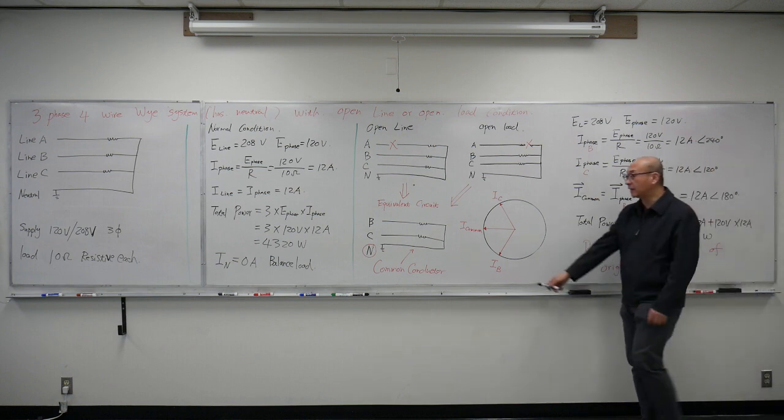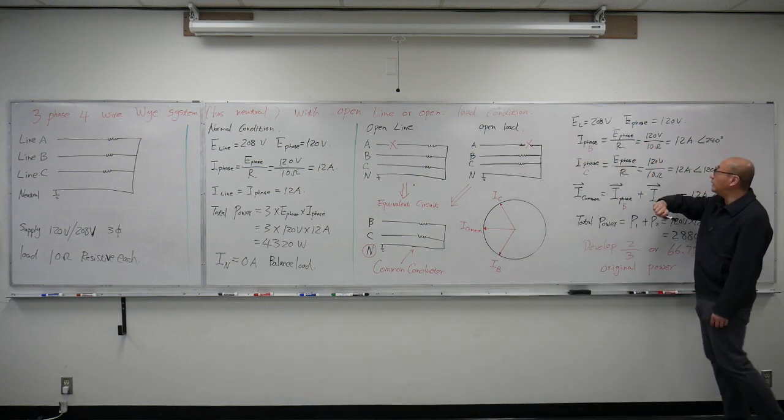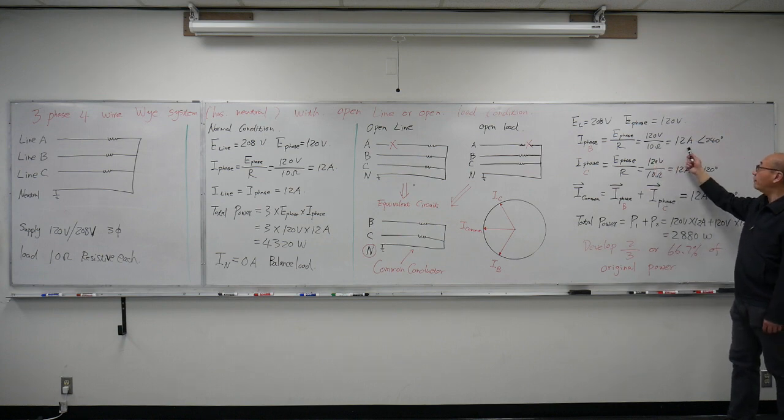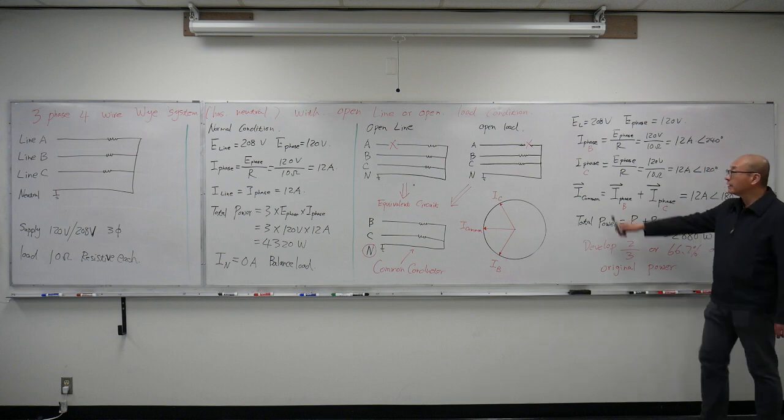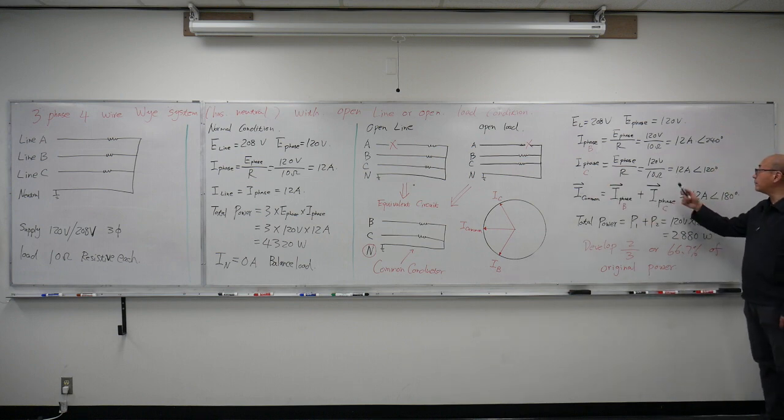That's what this conductor does here. So with 120 volts across 10 ohms, I have 12 amps. For phase B it is at 240 degrees, so this current is 12 amps at 240 degrees. Phase C, I will have a current of about 12 amps at 120 degrees.